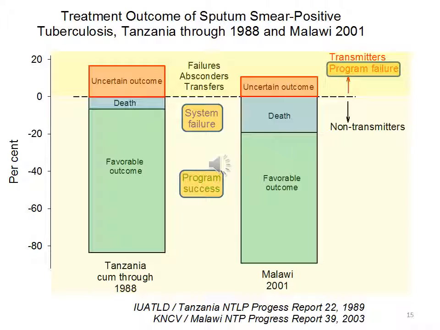However, the blue deaths by not transmitters and proportion non-transmitters were actually higher in Malawi. Patients with red uncertain outcome is more relevant to the program. That is, more risk in Tanzania in the 1980s than in Malawi in 2001.